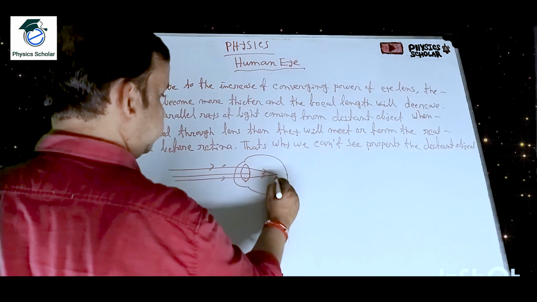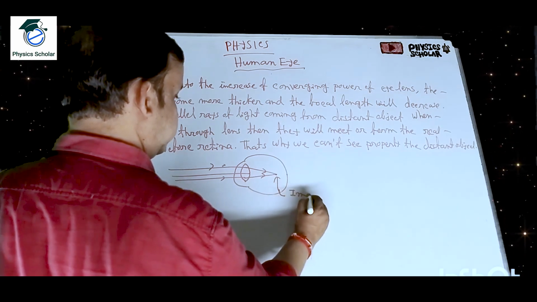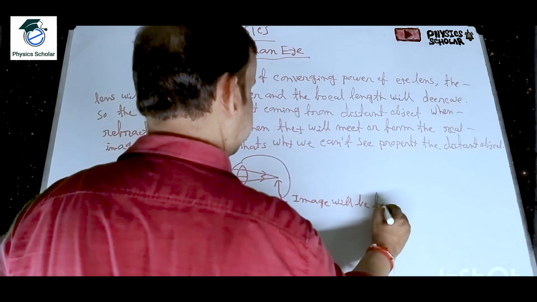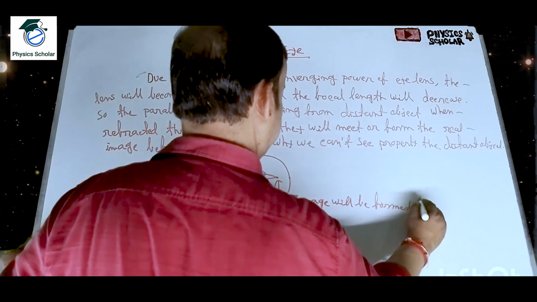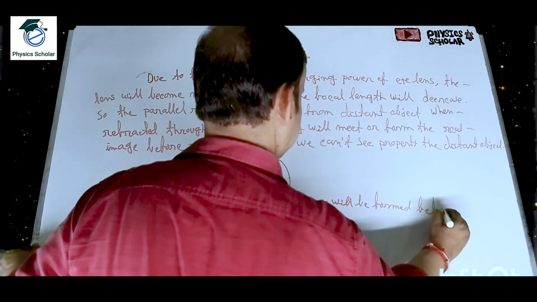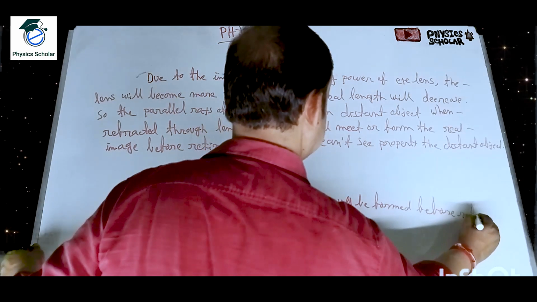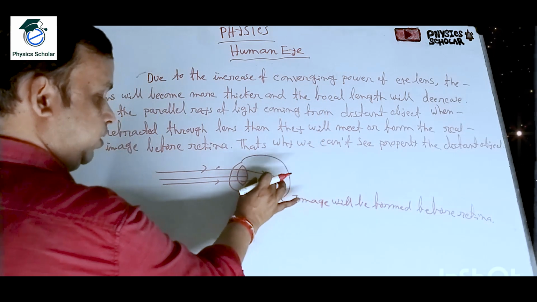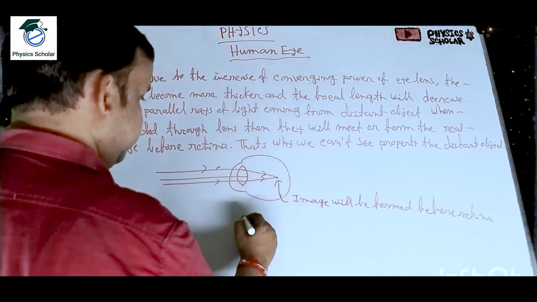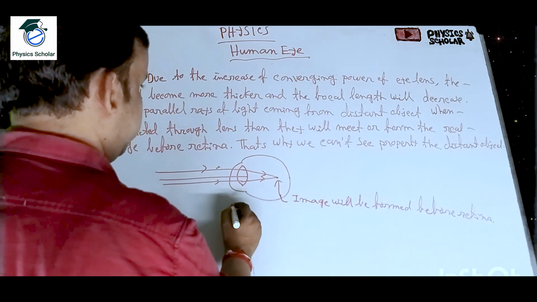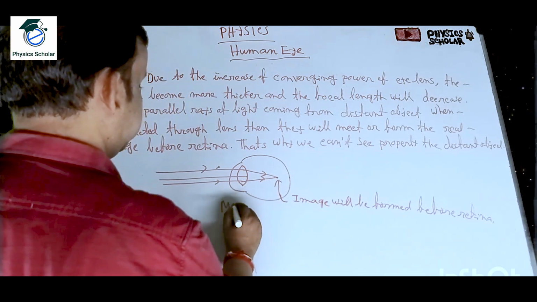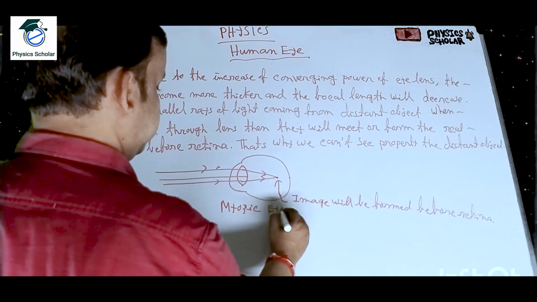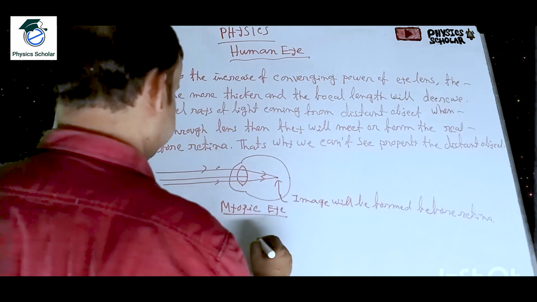So the image will be formed before the retina. The focal length will decrease. This should be the focal length, but it decreased. And another diagram, it is for the myopic eye.